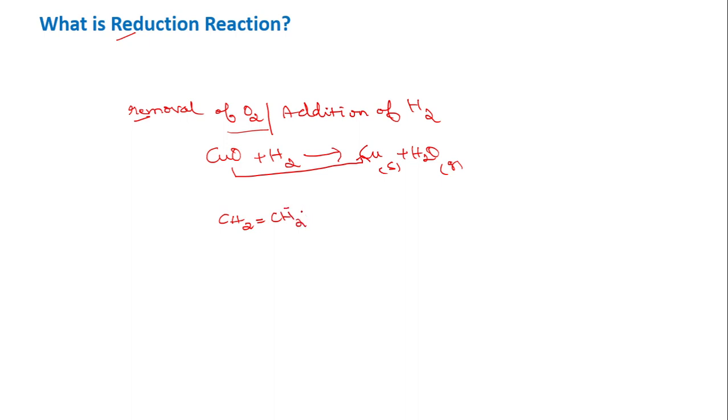When hydrogen gas is passed over ethene, we get ethane, CH3 CH3. So here what happened? Hydrogen has been added to ethene to change into ethane. So this is called a reduction reaction, addition of hydrogen. Here it is a removal of oxygen. So we can conclude reduction means removal of oxygen or addition of hydrogen.